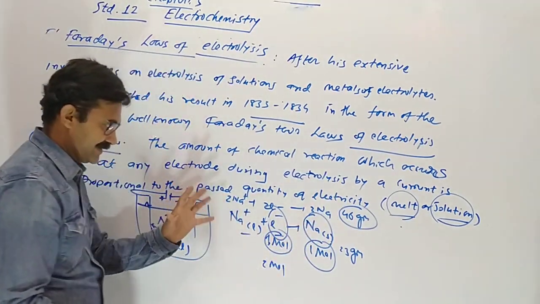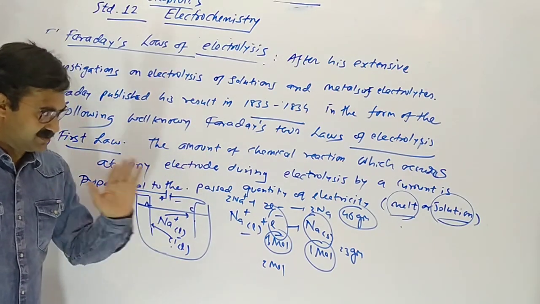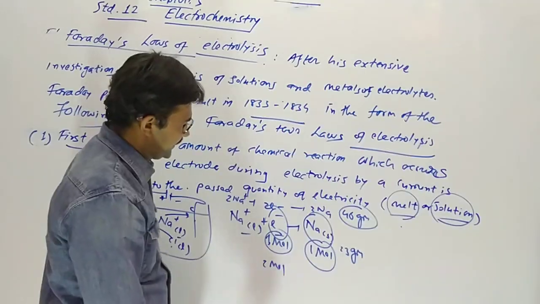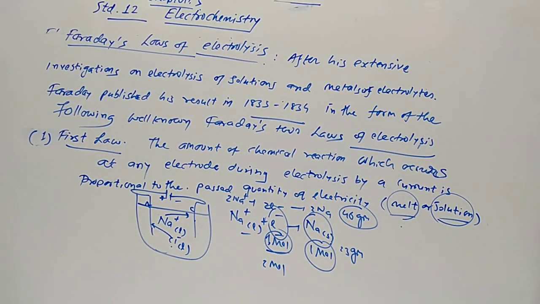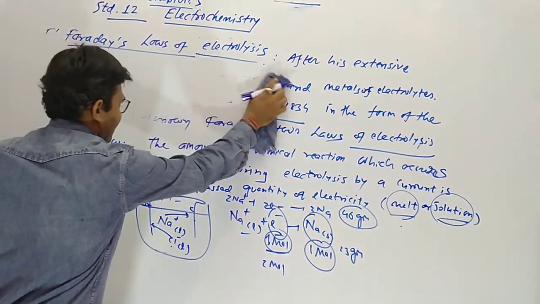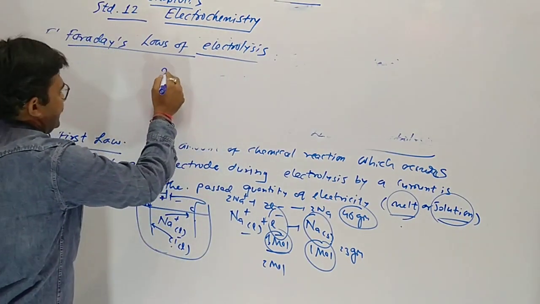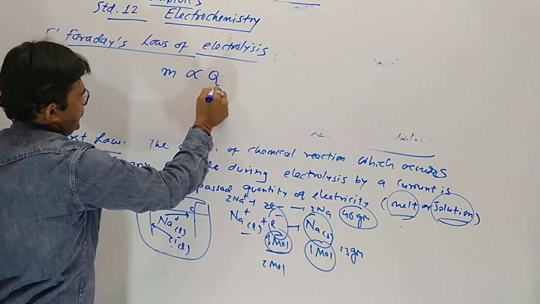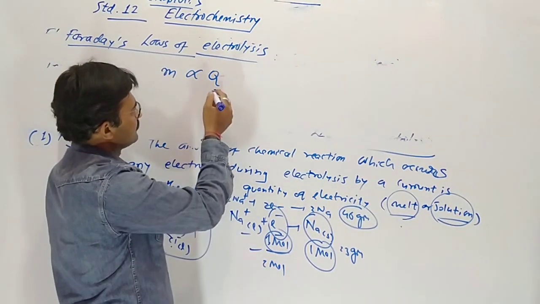So the quantity of our product on the anode or on the cathode depends upon the electric current passed in the electrolytic cell. How much electric current is passed through the cell is directly proportional. So M is proportional to Q, where Q means the charge we are passing, in coulomb.